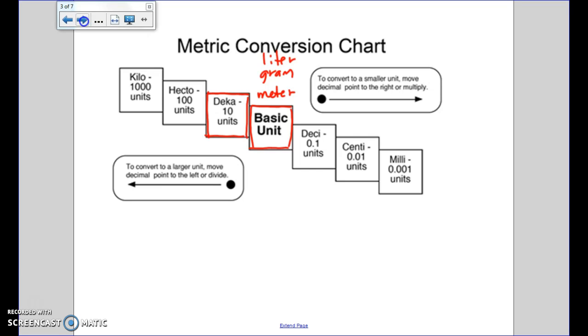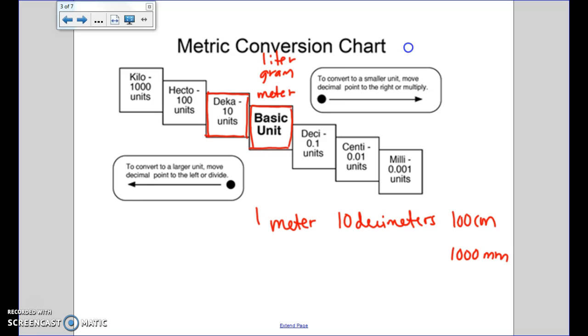So I should say it this way instead, in relationship to meters. We'll call that the base meter. 1 meter is the same as 10 decimeters, which is the same as 100 centimeters, abbreviated cm, which is the same as 1,000 millimeters.